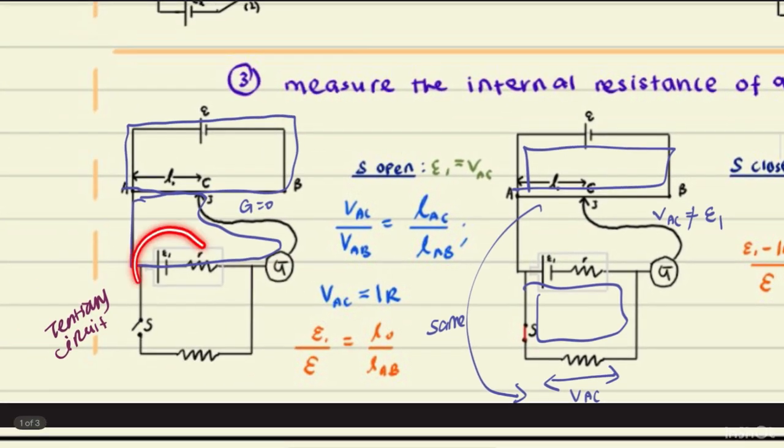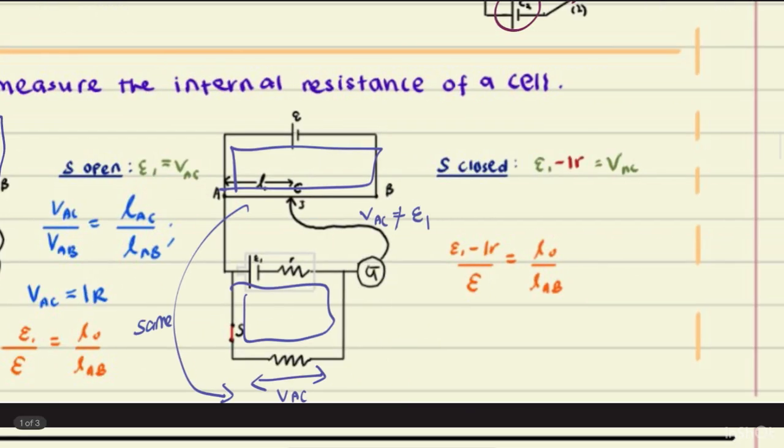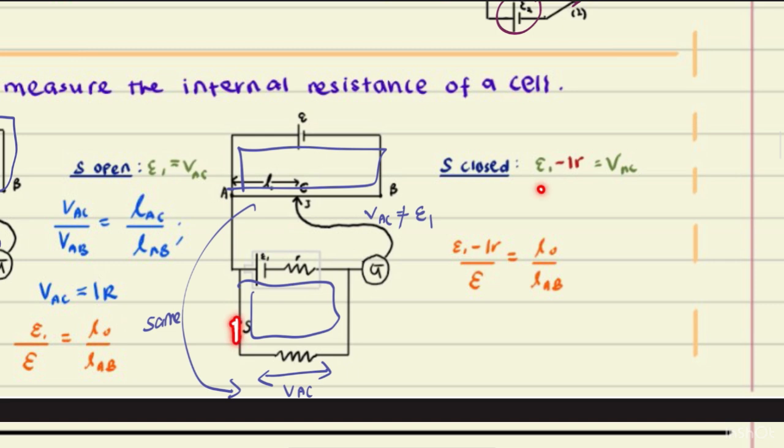Yeah, we can find E1 dari sini. Okay, tapi kita tak tahu internal resistance dia. E1 dia kita masih boleh cari sini. E1 akan VAC. Tapi di sini, once our switch is closed, E1 akan tolak dengan IR sebab dia ada internal resistance dekat sini sama dengan VAC. Okay?